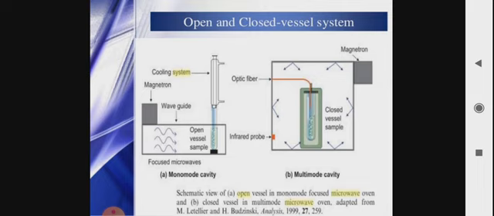Open vessel means there is only the sample placed in that box or vessel. Then in the second system, the closed system, there is a closed box or circuit for the closed vessel system.